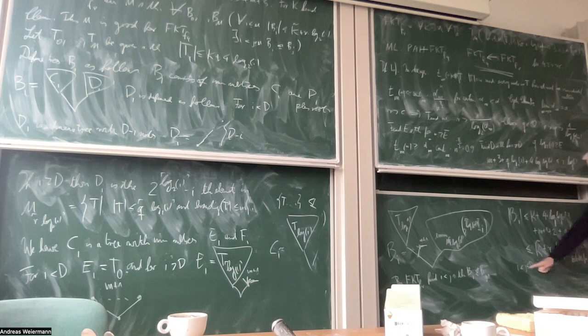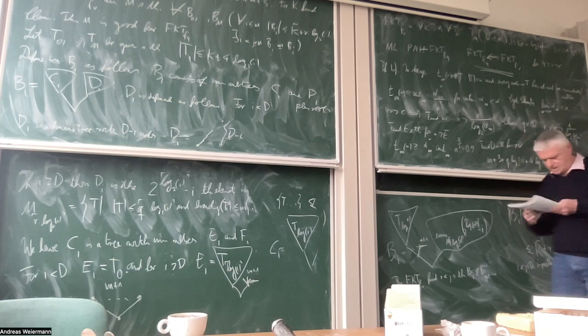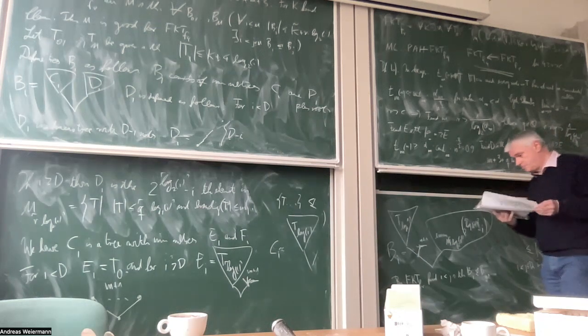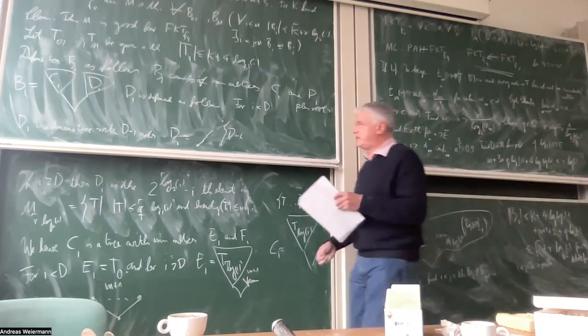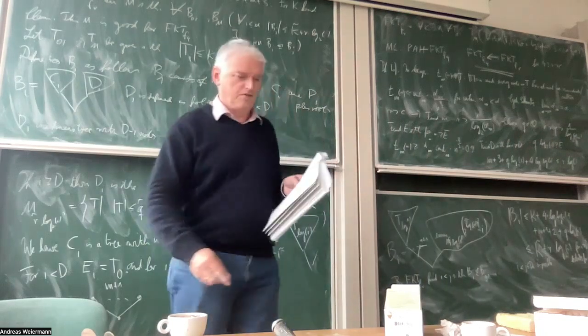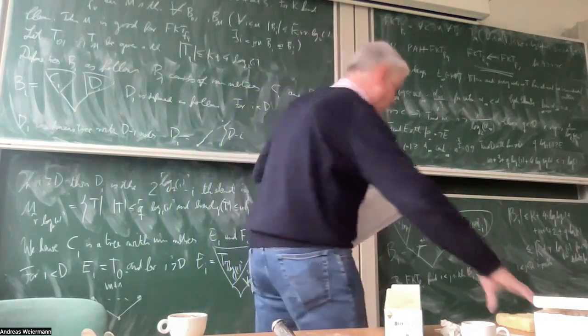Now there's a case that I is smaller than D and J is bigger than D. And that's very similar to the case that I and J are bigger than D. So let's assume the critical case, but you can fill in the details easily.